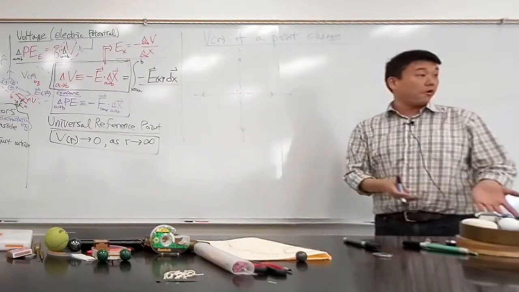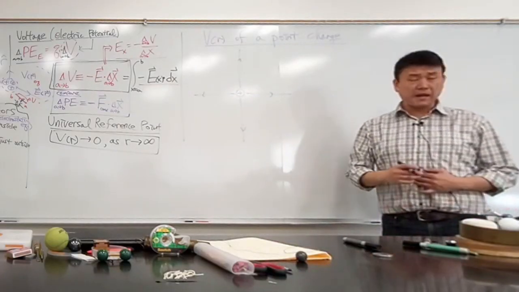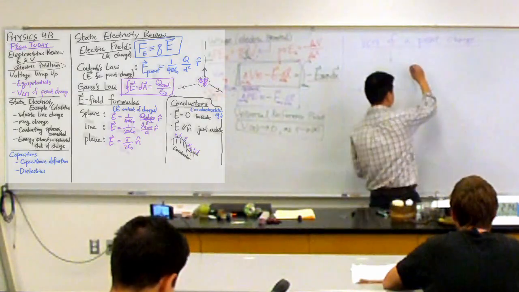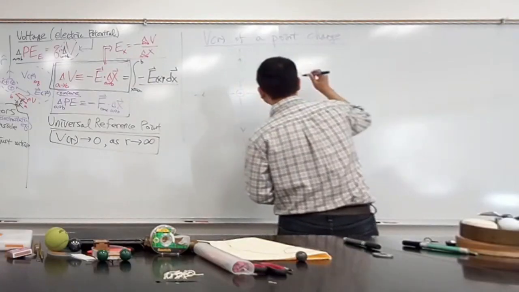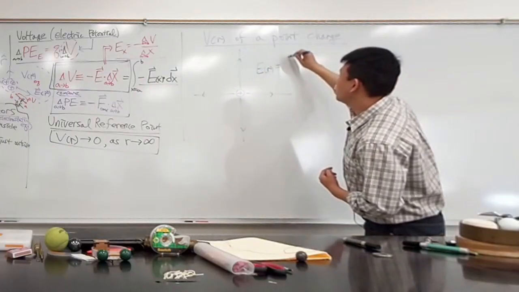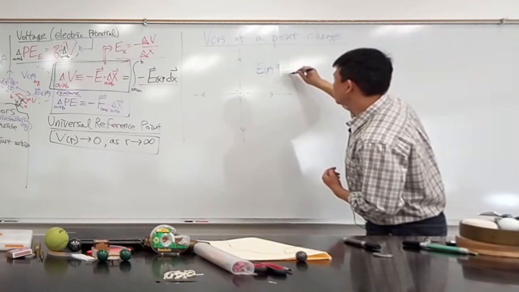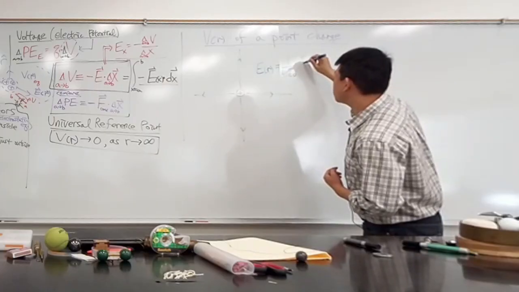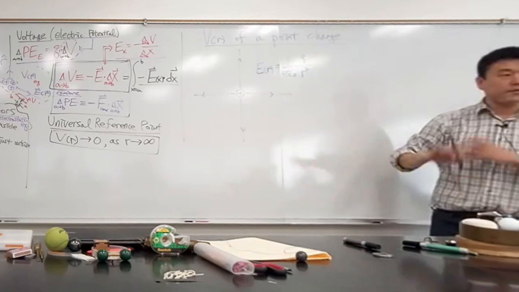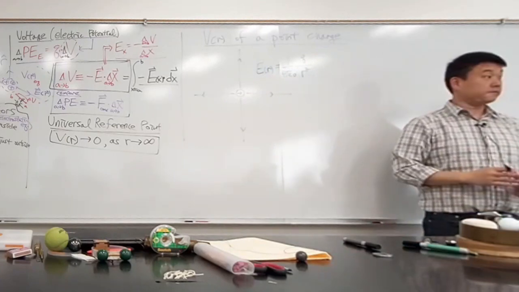And you even know the magnitude of that electric field because you remember this: the electric field due to that point charge as a function of distance r is 1 over 4 pi epsilon naught times the amount of charge over r squared. I'm talking about the magnitude, so I don't have to worry about the r hat vector.